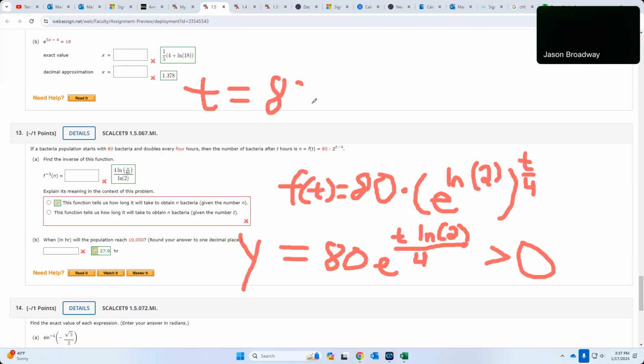I'm going to get my inverse equation, which is always different than the original. But we're going to solve for y, put t and y in the correct places. So we put y here, just doing the inverse like I've been doing, over 4, and this is all in the exponent, right? Sorry if it doesn't look that way.